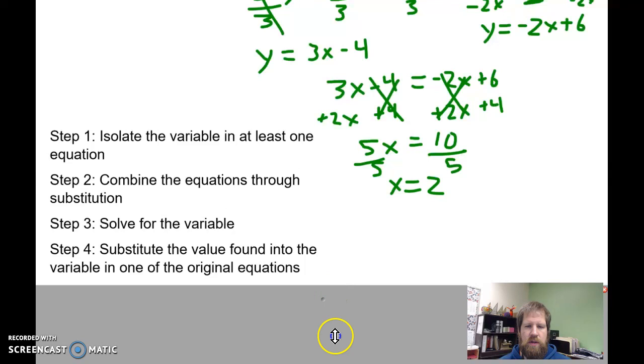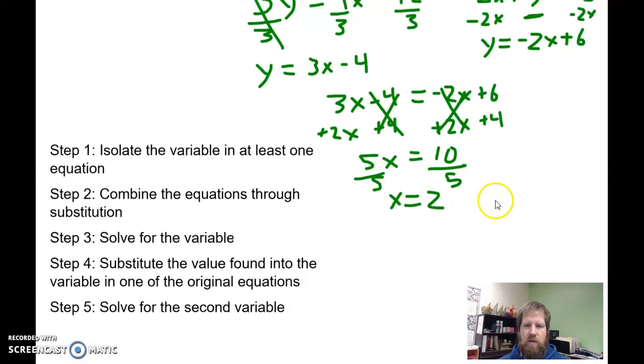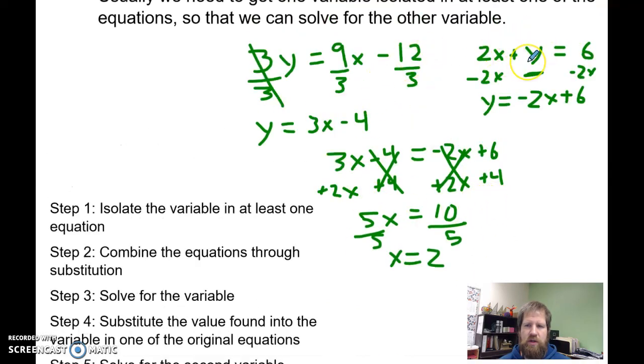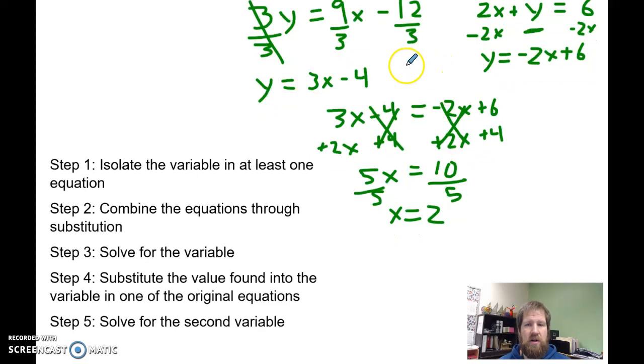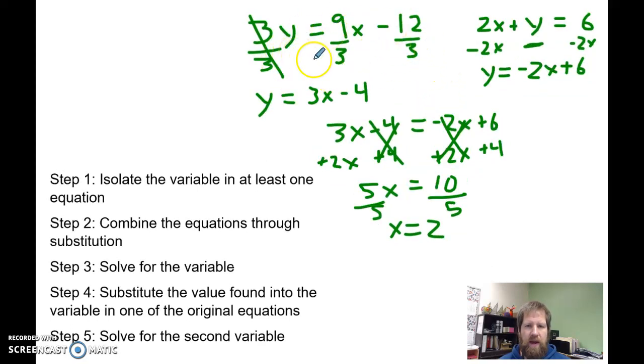Now I've solved for my variable. I'm going to substitute my value back into one of my original equations. It doesn't have to be one from before I simplified. In fact, it's probably easier to choose one of the ones where you have the variable isolated. Looks to me like this one's probably going to be easier to use since I don't have a negative there.